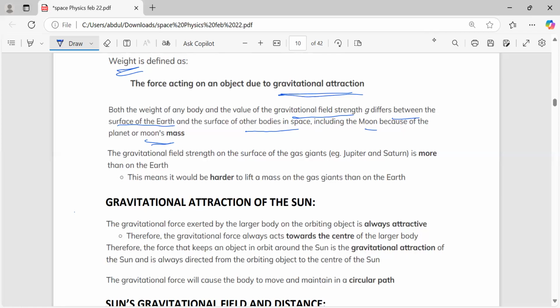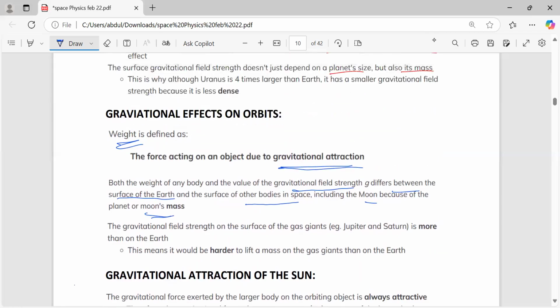So the value of g will vary, and it means weight will vary for the same mass, because W is equal to mg. If the value of g is different at the poles and at the equator, the weight of the same body will be different.